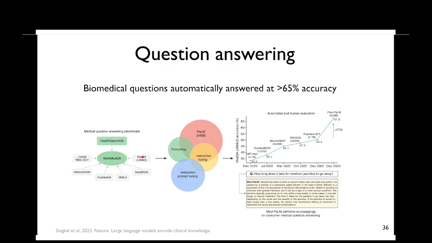And it works on many, many corpora and benchmarks which have been developed over the decades in biomedical question answering. And you can see that from 2020 to 22, with the growth of parameters, the systems actually become better at answering biomedical questions.